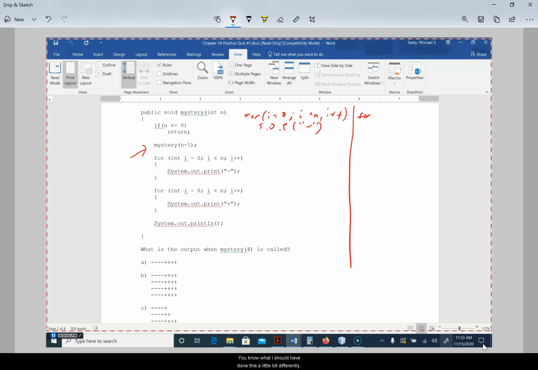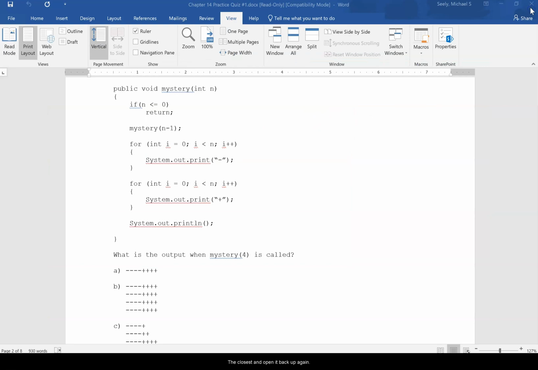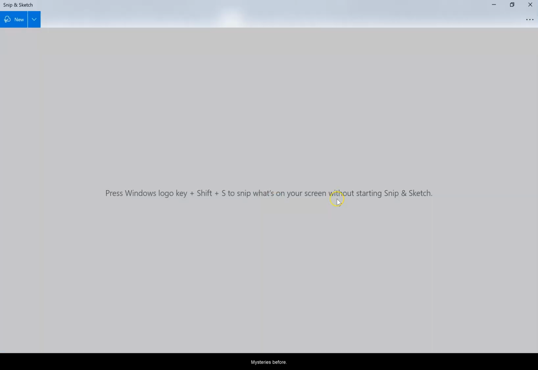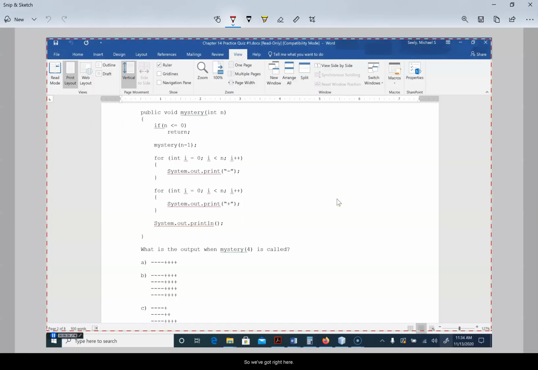Oop, you know what? I should have done this a little bit differently. Let me close this and open it back up again. Because now, instead of mystery being called after, it's before. So right here, mystery, I'm just going to call it m, and then n minus 1.